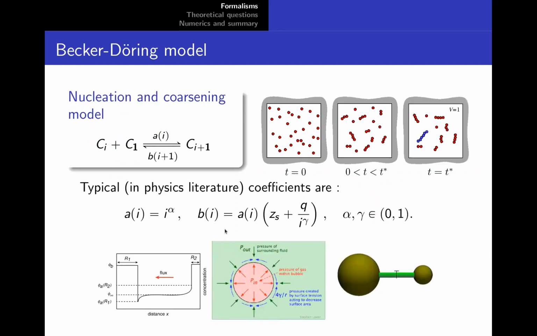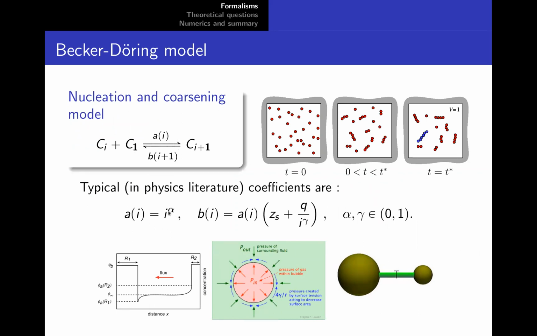A little bit of motivation. This kind of model is typically used in physics to understand some properties of materials or fluids. We typically have some guess of the functional shape of the coefficients, which are the key parameters in our model. The network is fixed, but we have this freedom of choice with the parameters A and B, which depend on the size.